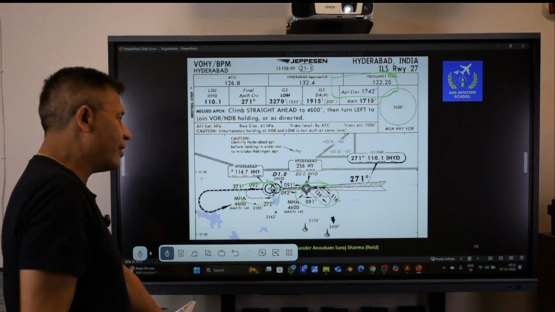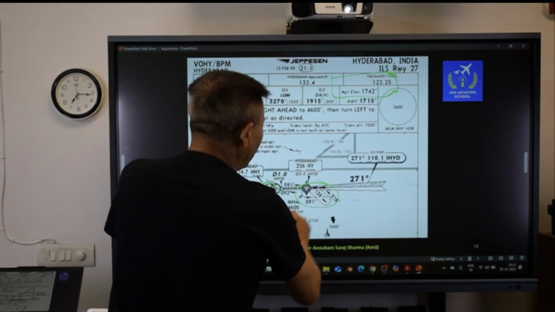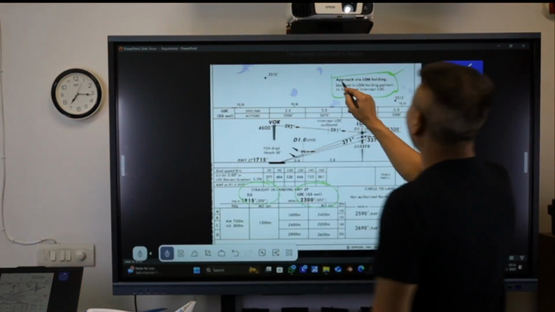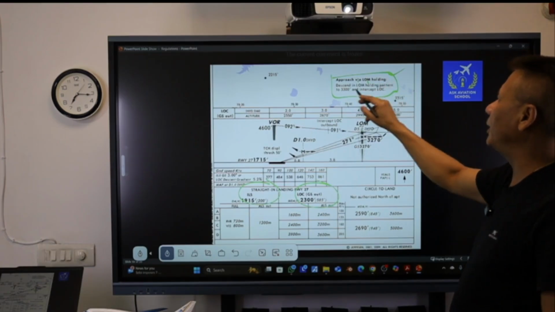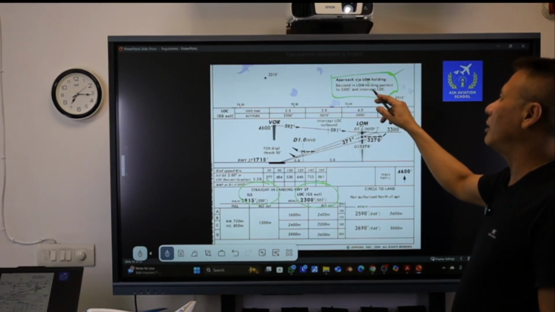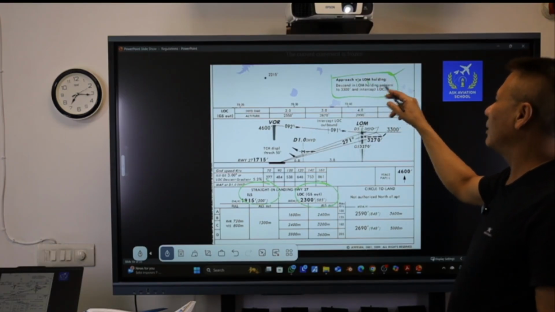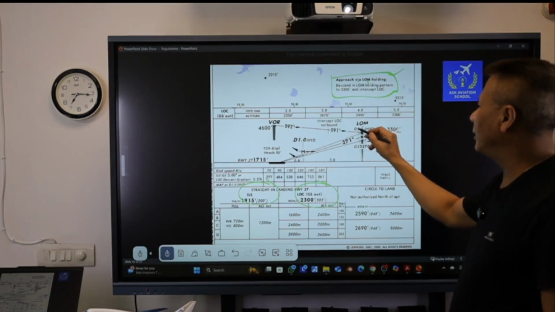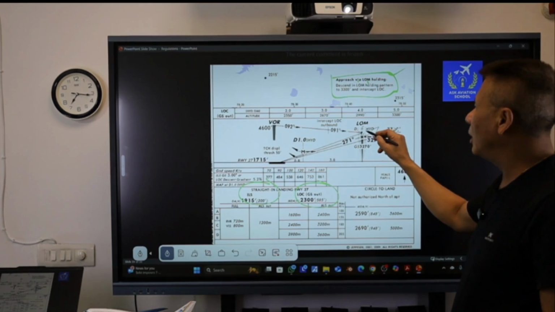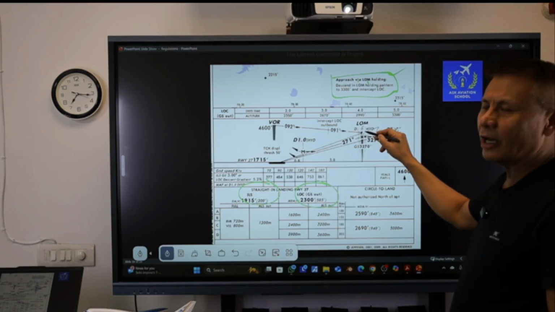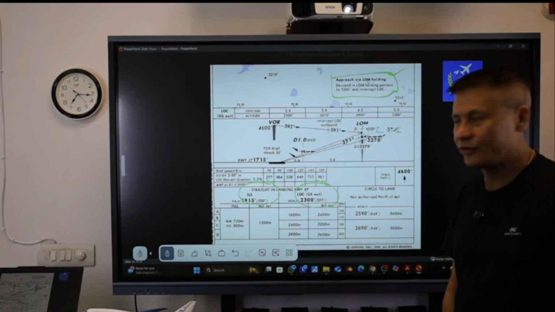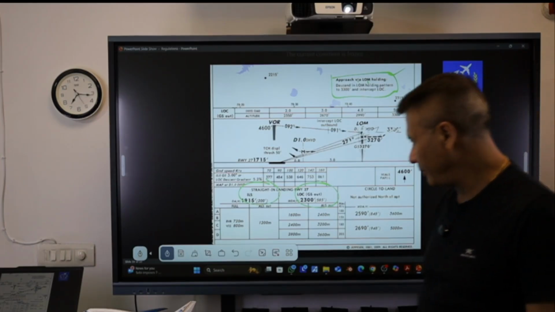In this case, if you are holding at the localizer automarker, it says in the vertical profile that you descend in the localizer automarker holding pattern up to 3,300 feet. You are going to be carrying out the hold and the descent to 3,300 feet to intercept the localizer. Once you intercept the localizer, thereafter you can commence the final approach segment.